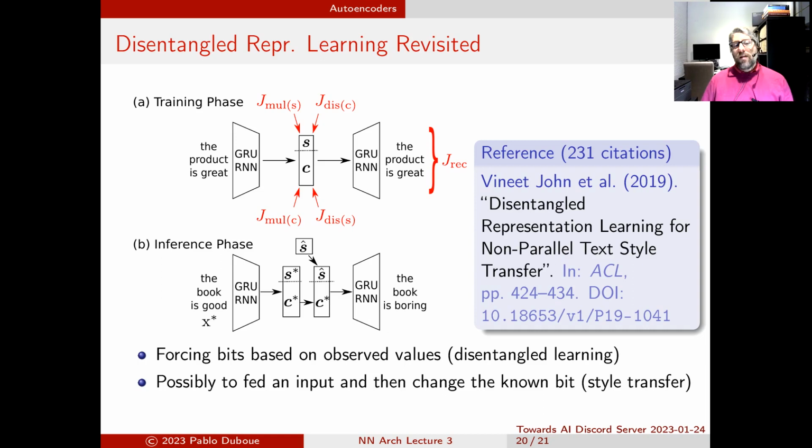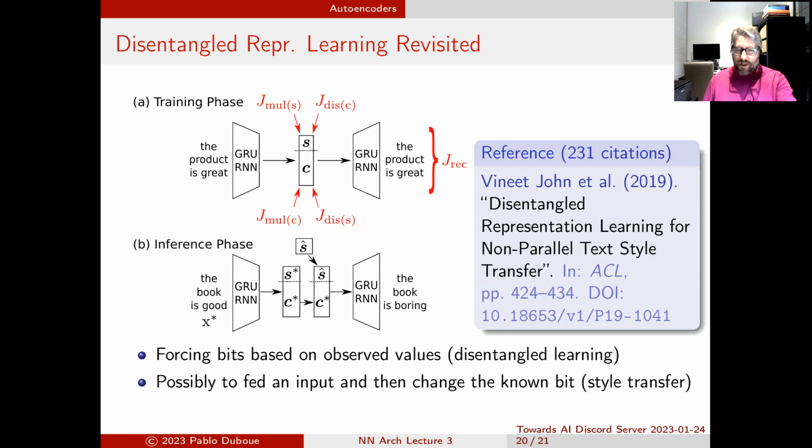So then, when we want to do this type of style transfer for text, in the inference phase, we feed the book is good, we apply the encoder, and because this one has a positive review, we expect S star there to be 1.